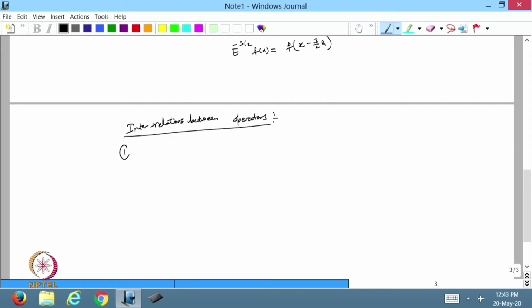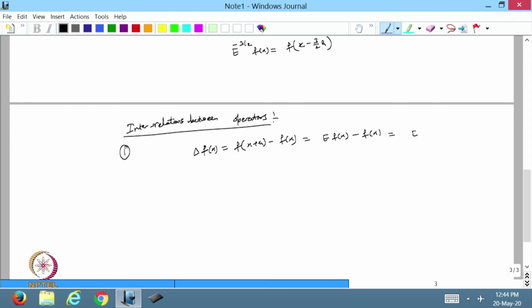Suppose I want to discuss the first one. I know that if I apply the forward operator to the function at x, then it will be f(x plus h) minus f(x), and this I can write as E of f(x) minus f(x), because I know that if I apply E to f(x), I will get the value at the next step, that is x plus h.